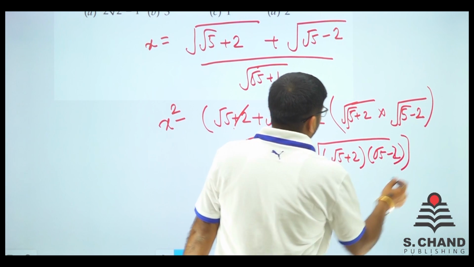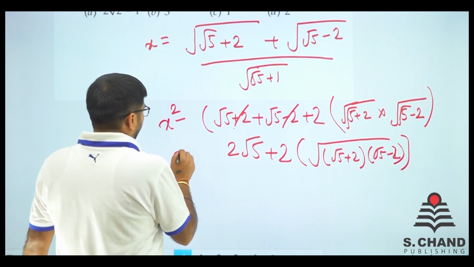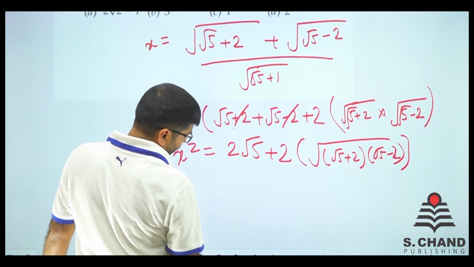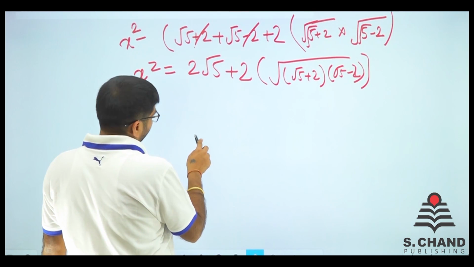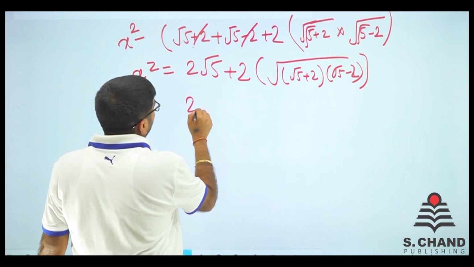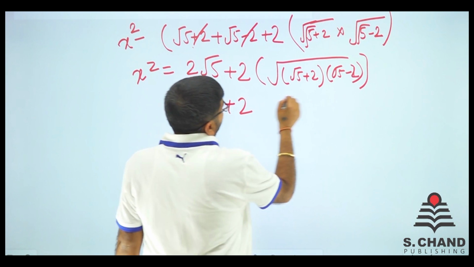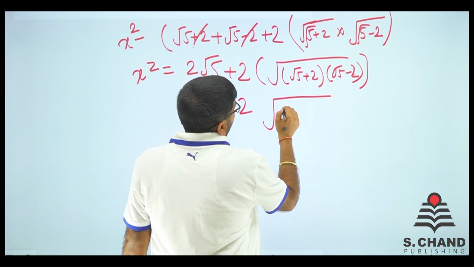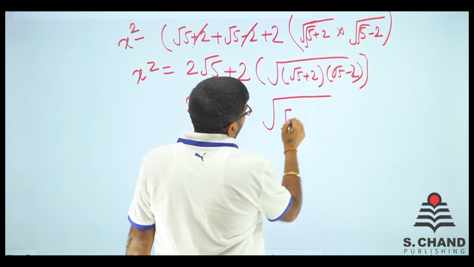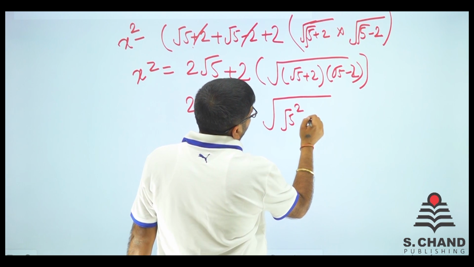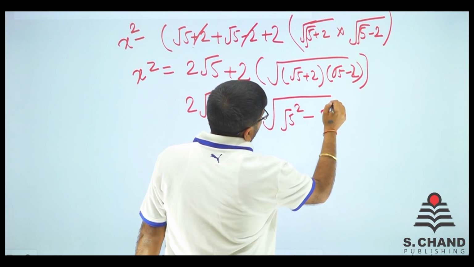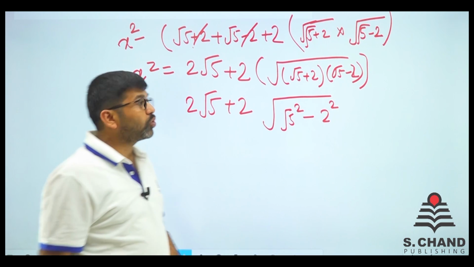So x square is equal to 2 root 5 plus 2 into the root of (root 5 squared minus 2 squared). Why so?